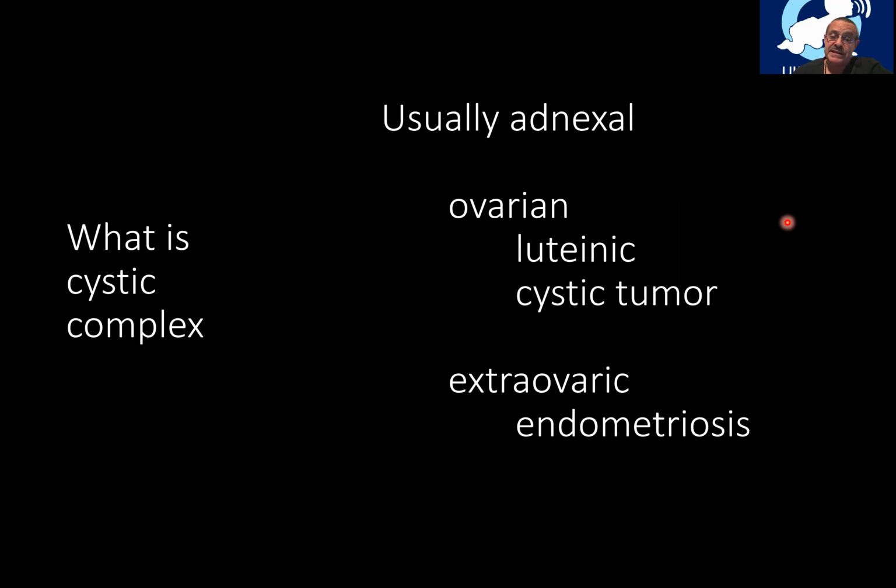Complex usually is of ovarian nature, like the luteinic cyst or cystic complex tumor. The more complex a tumor is, the higher odds of a malignancy. Or it can be extraovarian, like endometriosis, cystic complex extraovarian mass, which can be endometrioma. We call it chocolate cyst.